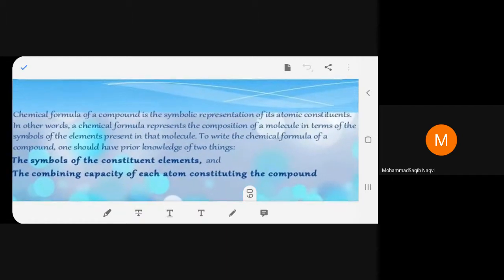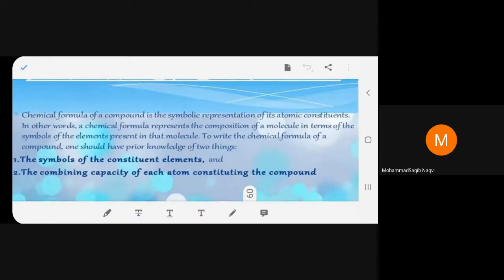So what exactly is a chemical formula? If I say magnesium chloride, are you going to write magnesium chloride while writing the chemical equations? No, ma'am. No, right? So what do we have to do?